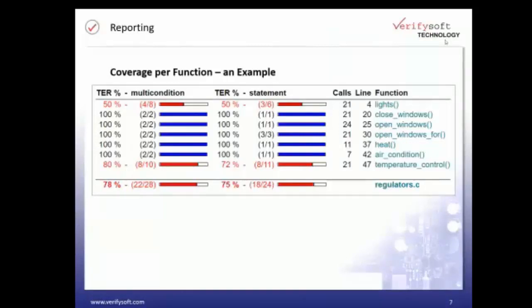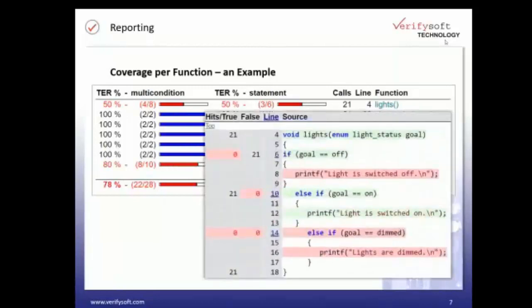And there are many of these kind of overviews, and you can always make a drill down to a single function, for example, or to a single file, and then you get into the source code view of our coverage reports. And in the source code view, in this example, we show the function lights. And in the source code view, you see several information.